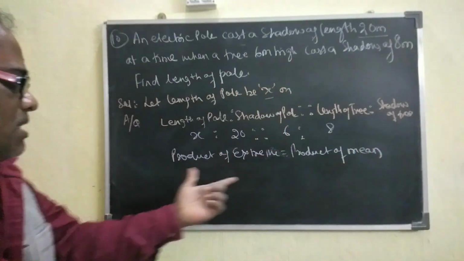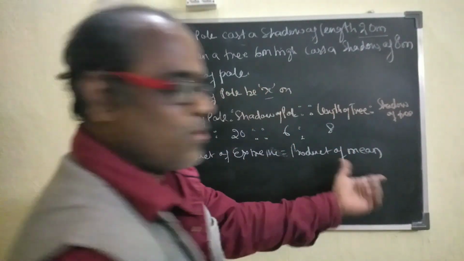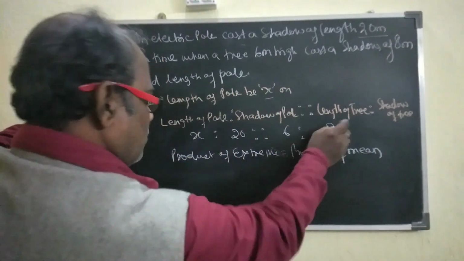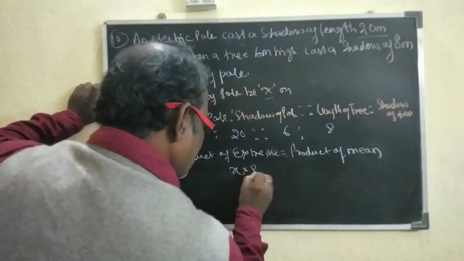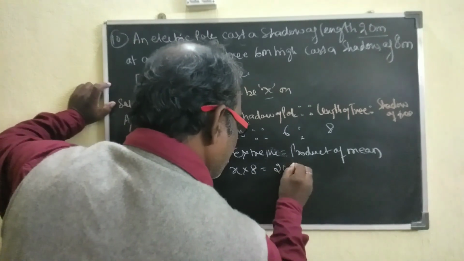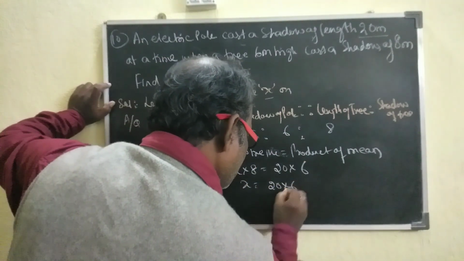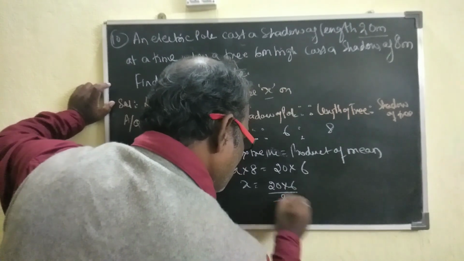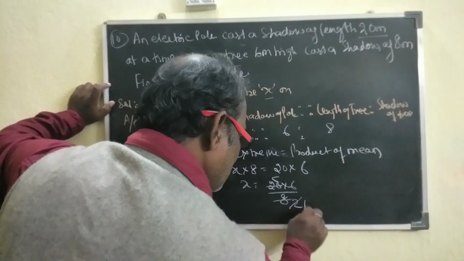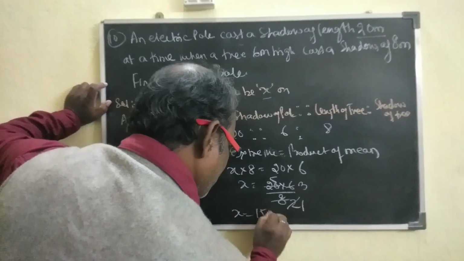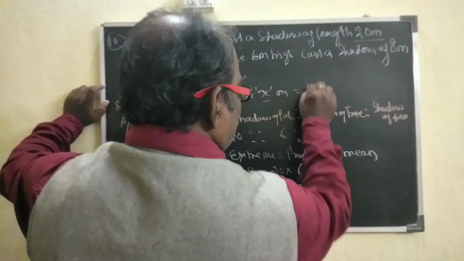Since they are in proportion, the product of extremes must equal the product of means. So the product of extremes is x into 8, equals 20 into 6. x equals 20 into 6 by 8, 4 twos, 4 fives, 2 ones, 2 threes. Therefore x equals 15 meter.